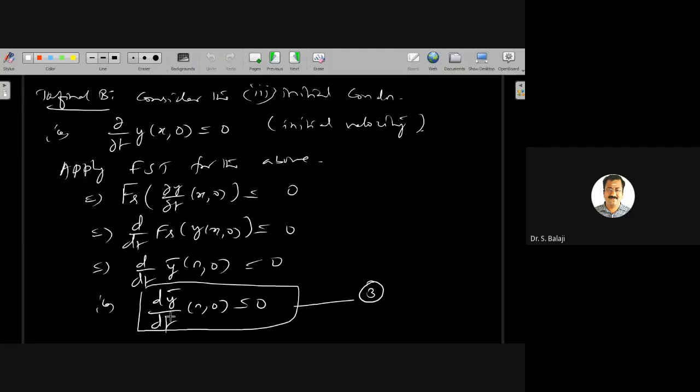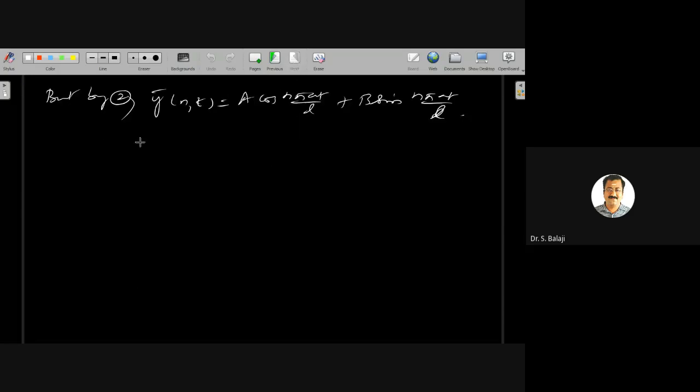Now, if you want to use this idea, we need y bar of n comma t, then differentiate with respect to t to get dy bar by dt of n comma t, and after that put t equal to 0. Now differentiate this with respect to t.